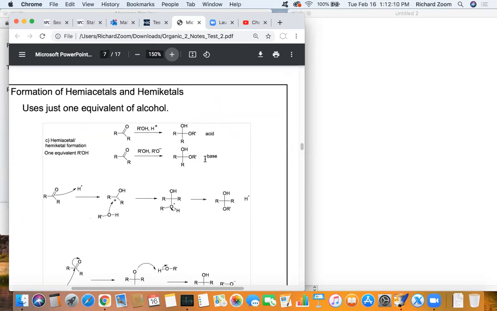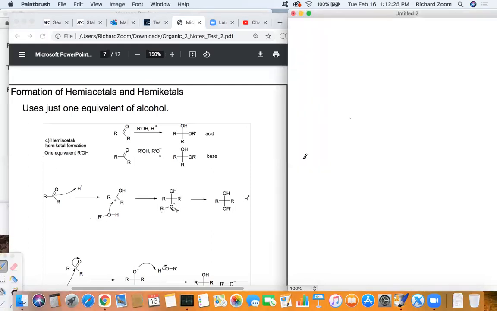I'm just telling you them because they do relate to what we were just talking about, to carbohydrate chemistry. So let's look at hemiacetals and hemiketals. The situation is pretty much identical as far as the mechanisms go. And I'm really going to focus mostly on the acidic mechanism rather than the basic one. So when we've got, say, this aldehyde here, and we add an alcohol, you'll see it's going to be pretty similar to what we did last time with the water.